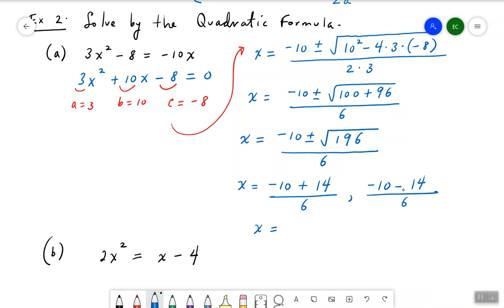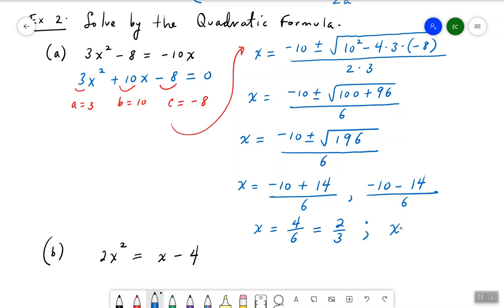And so this is a good time to split the two solutions apart, to write the plus in one expression and the minus in the other expression, because now we can simplify further. With the addition here, negative 10 plus 14 is positive 4 over 6, which is 2/3.